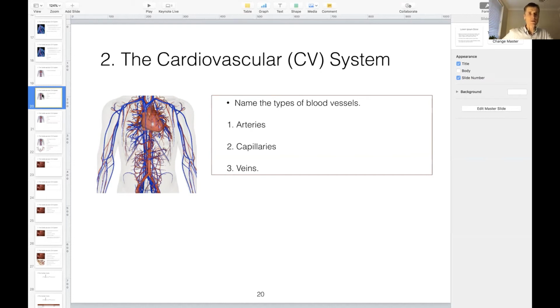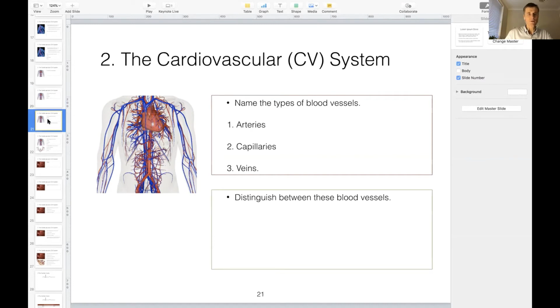Generally speaking, there are three types: arteries, capillaries, and veins. How might we distinguish between these? How are they different? Well, I'll give you just a moment to think about that. In short, you might want to come up with three different ways of trying to distinguish between them.